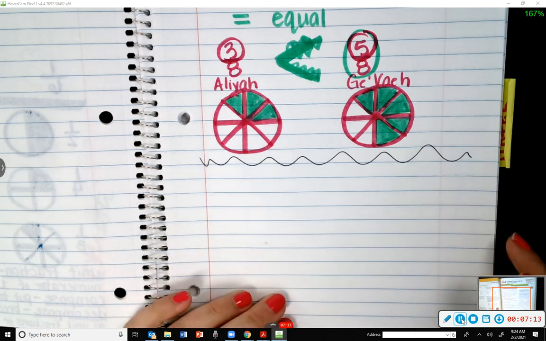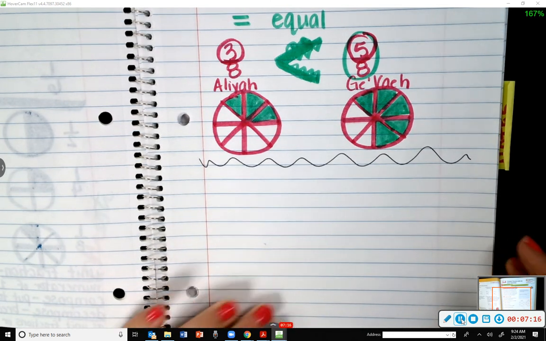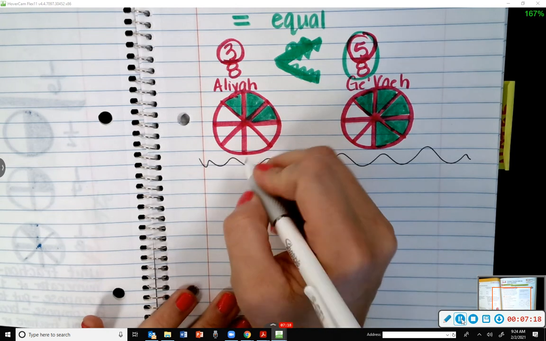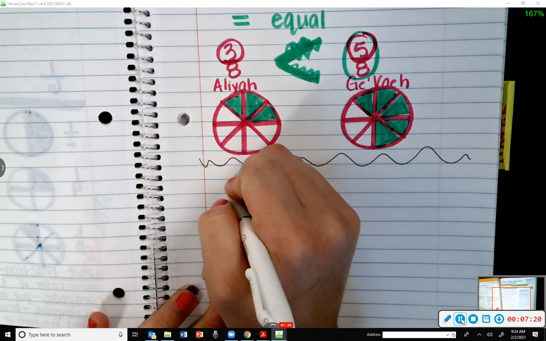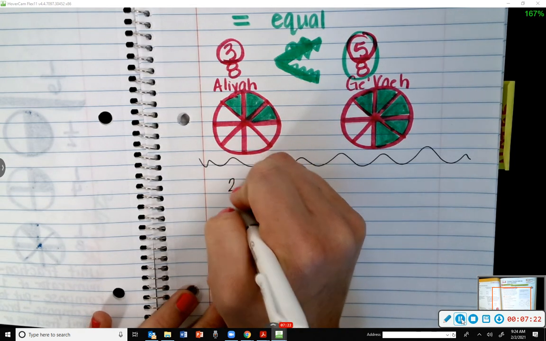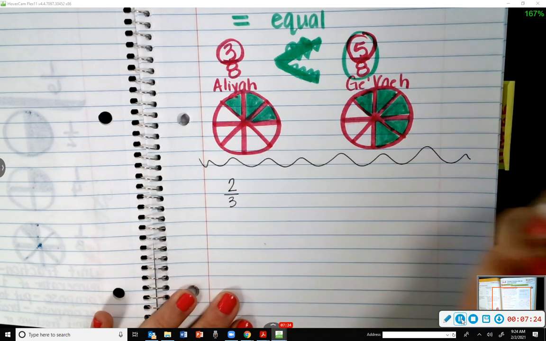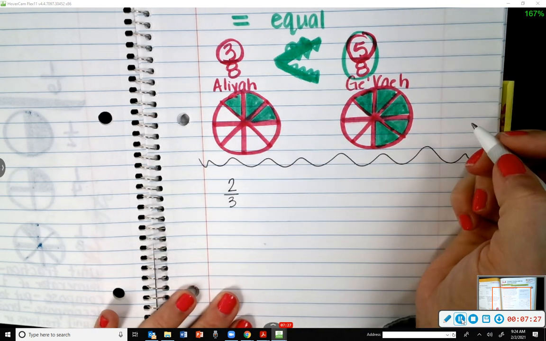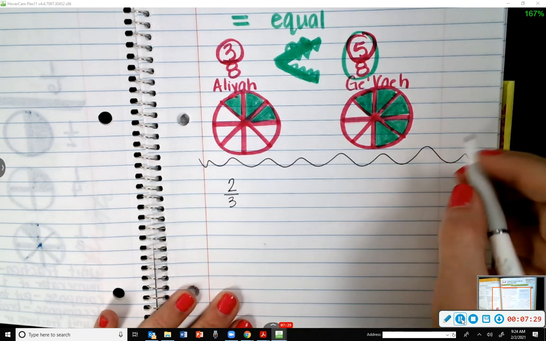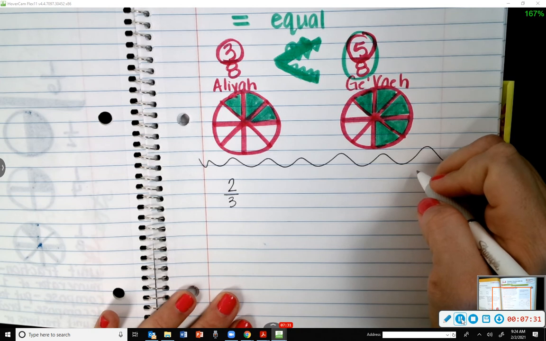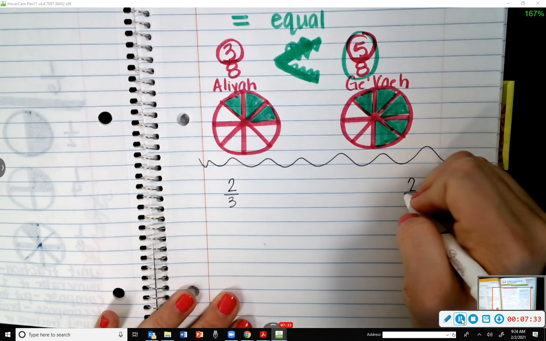Okay? So now we're comparing fractions with different denominators. So let's say we have 2/3 and 2/8 that we're comparing.